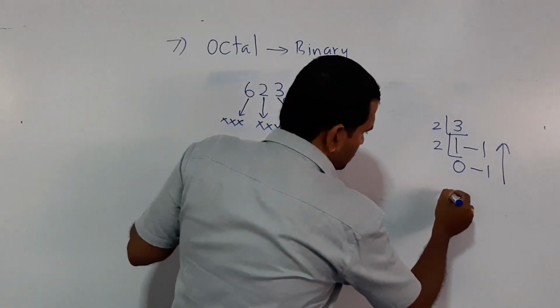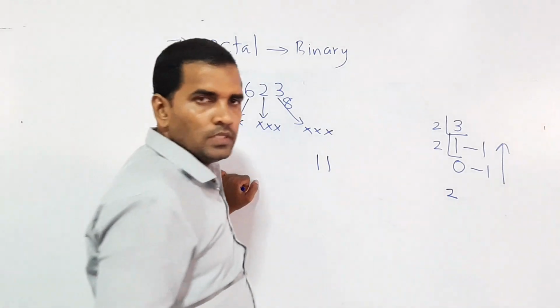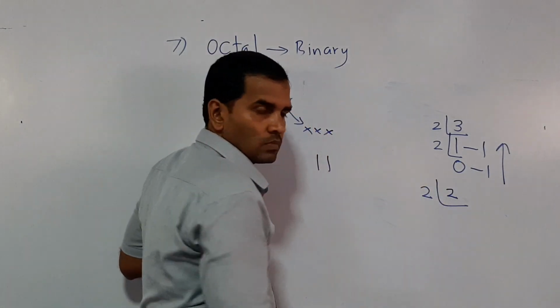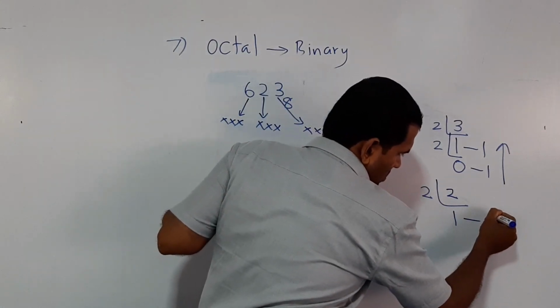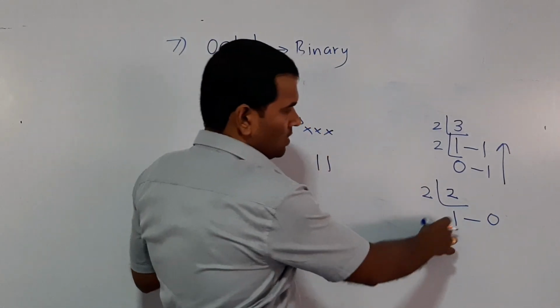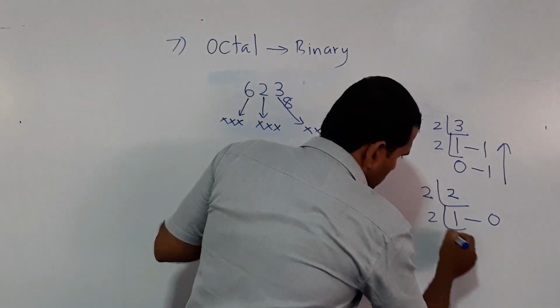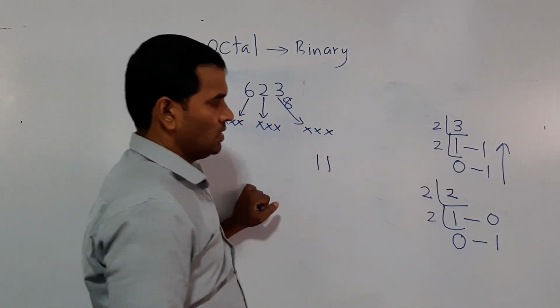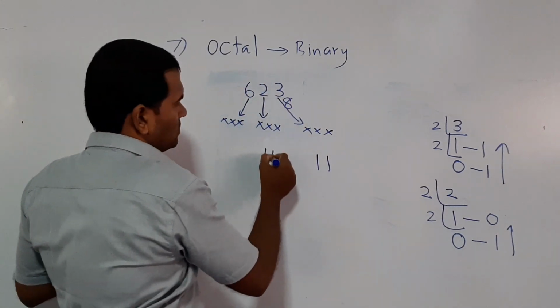It's 2. Have to convert this 2 into binary. So divide by 2: 1 quotient, 0 remainder. Divide it again: 0 times, 1 remainder. So it's 1, 0.